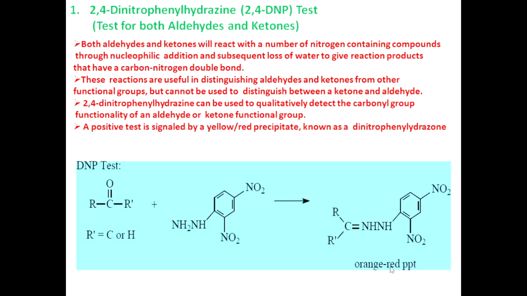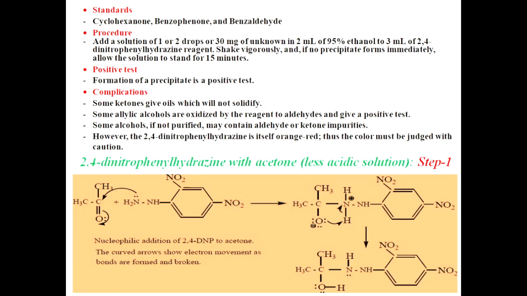This is either orange-red or yellow in color. So the formation of this red, orange or yellow precipitate confirms the presence of a carbonyl group in the 2,4-DNP test. Simply, cyclohexanone, benzophenone and benzaldehyde undergo this reaction.